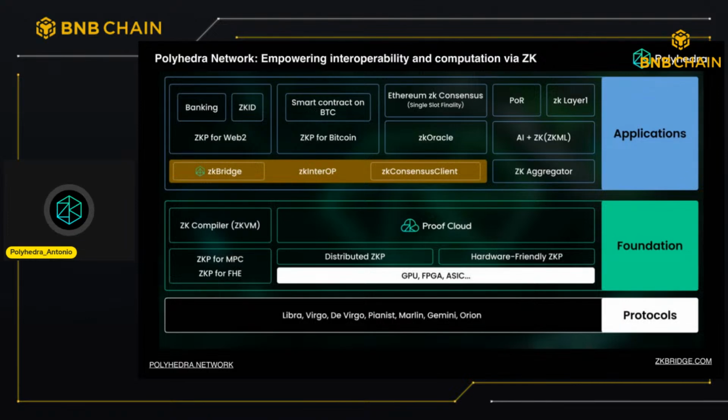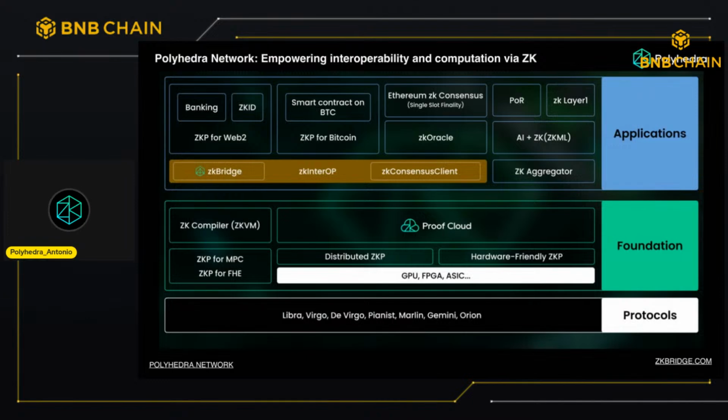We also have hardware-friendly zero-knowledge proof algorithms, distributed zero-knowledge proof algorithms. We have ZKP for MPC, for FHE. Then we also provide GPU, FPGA, and ASIC acceleration. So with those foundation tools, you will be getting a good developer experience building the applications.